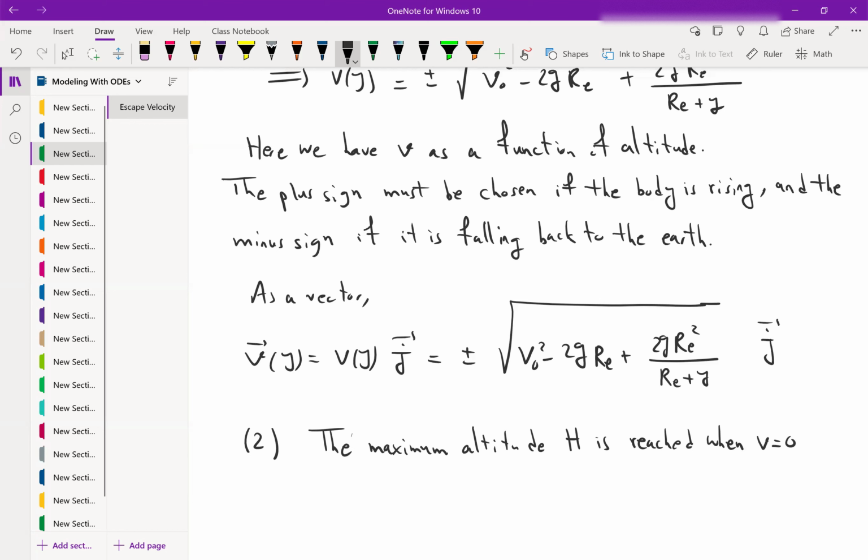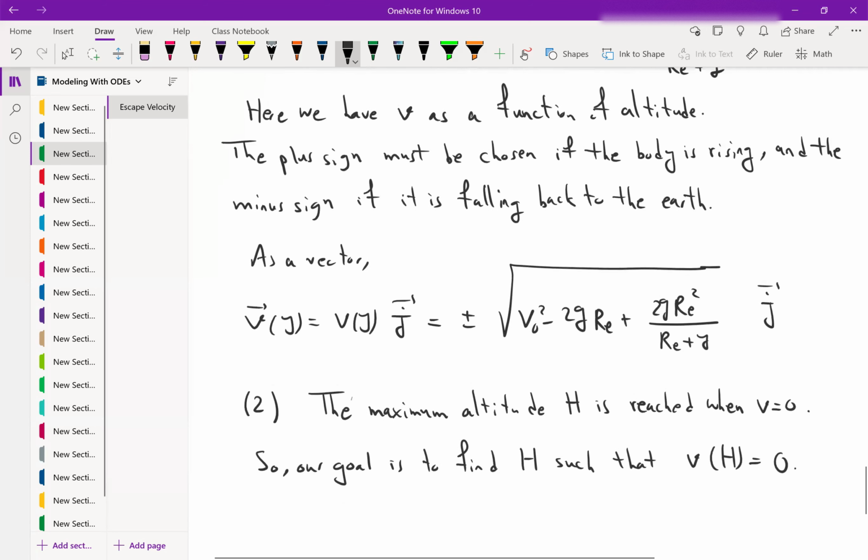So I'm going to use the formula that I have here. Let me be very careful about this. Our goal is to find h such that v at h is equal to 0.